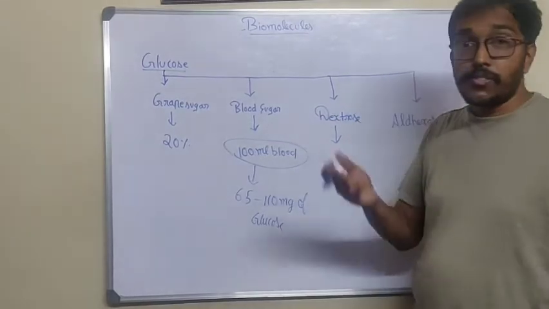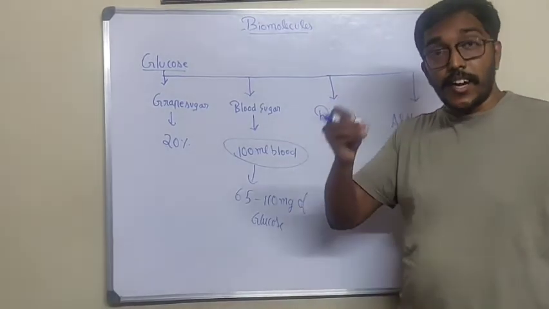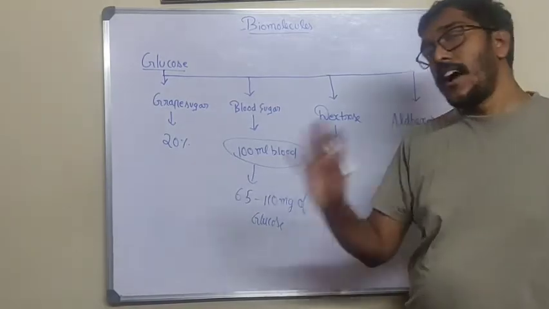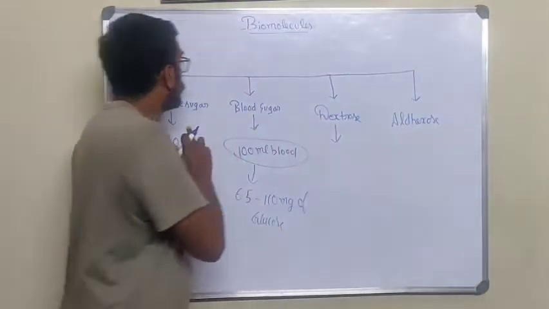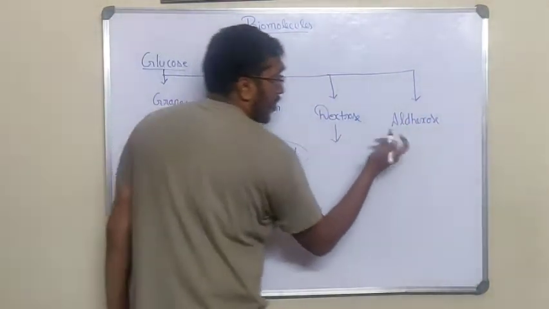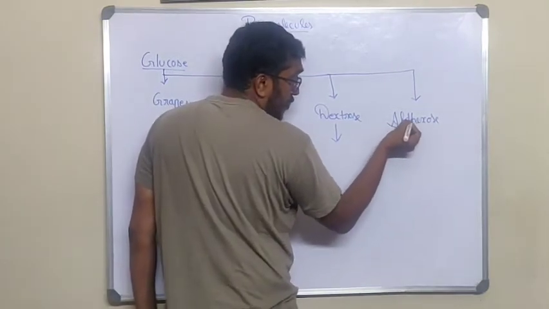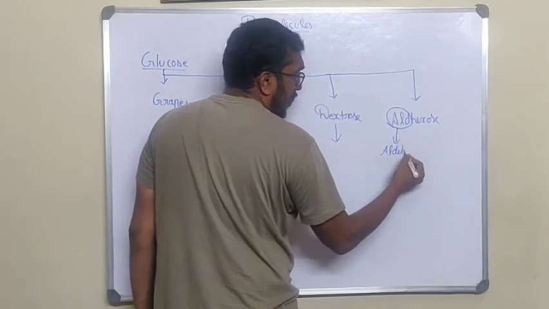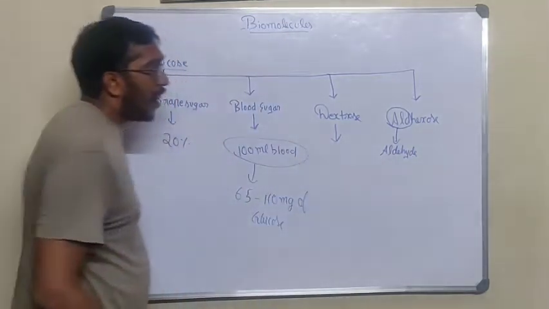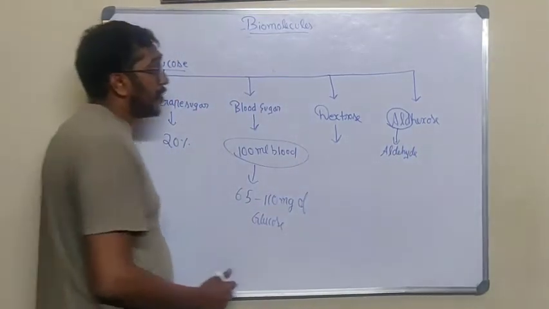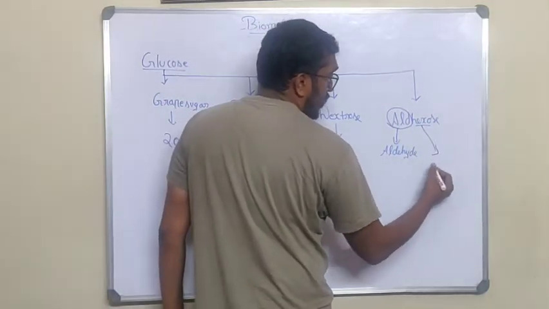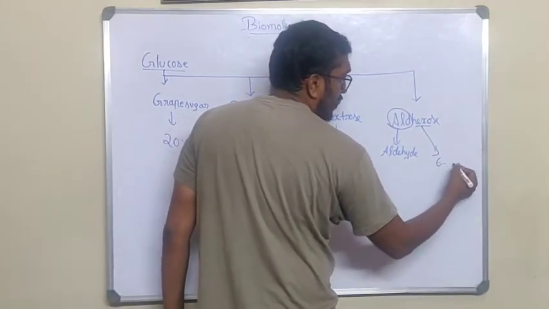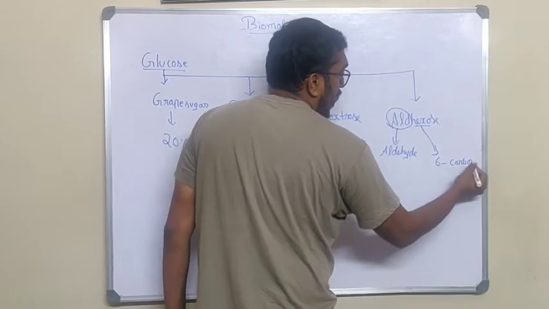Aldoses are monosaccharides whose functional group is an aldehyde. Ald means it contains an aldehyde group, and hexose means it contains 6 carbon atoms.